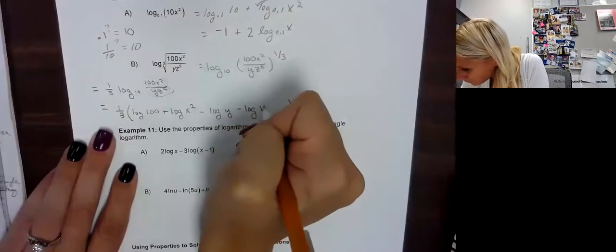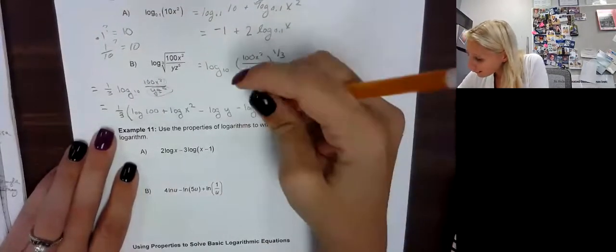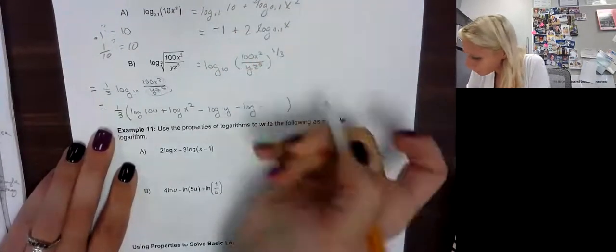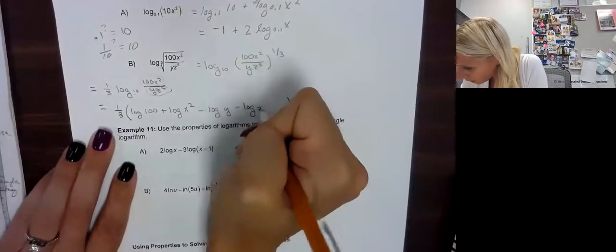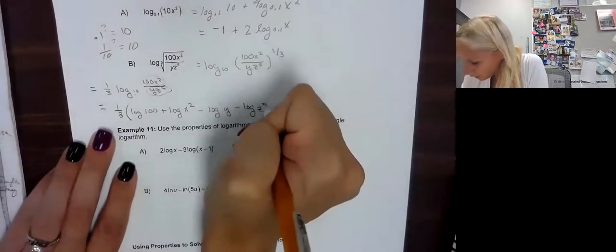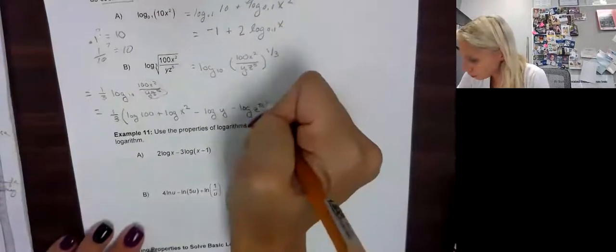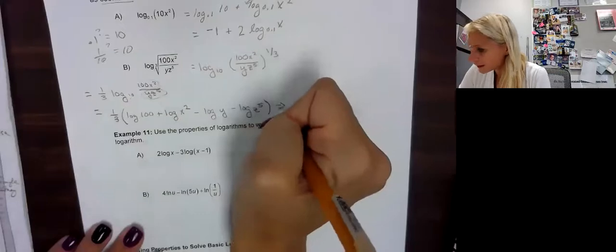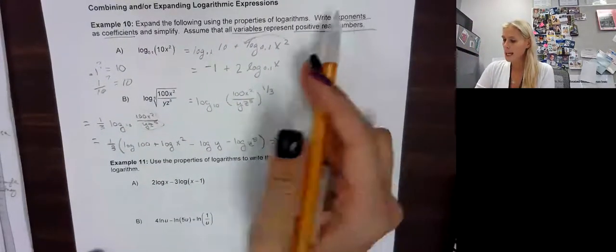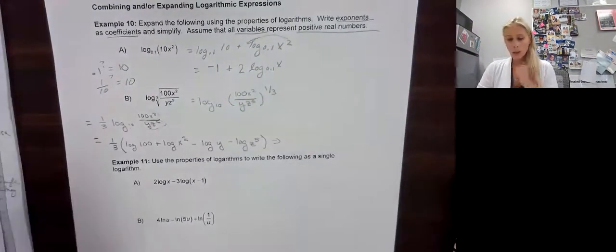Then I have minus log base 10 of y minus log, oops, I don't have the 10, of z to the 5th. Okay, now I'm going to bring this parentheses out closer because we still have more to go, because this is positive real numbers, exponents or coefficients, so on and so forth.